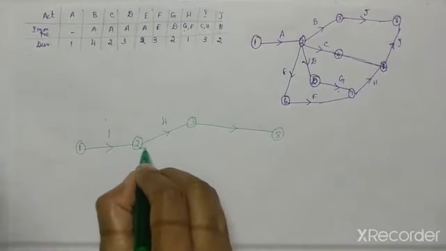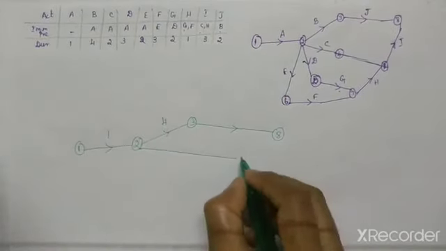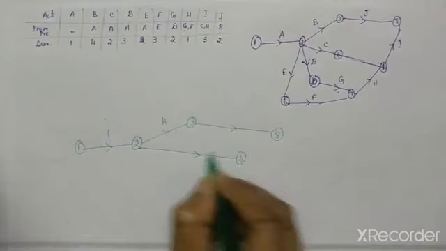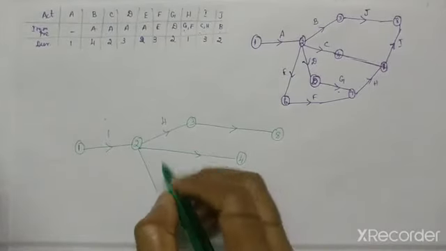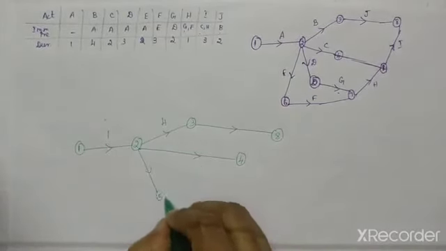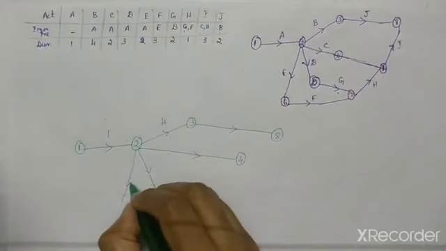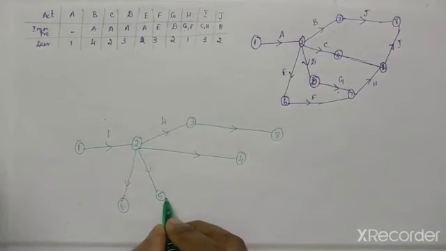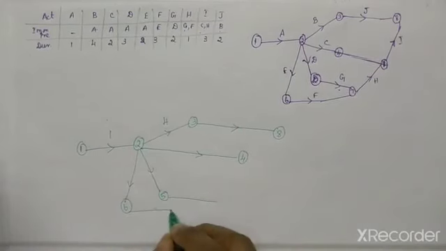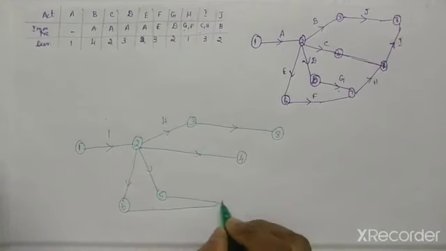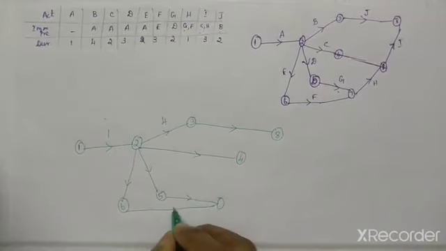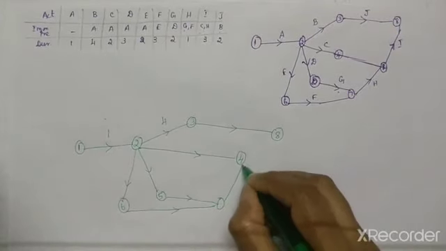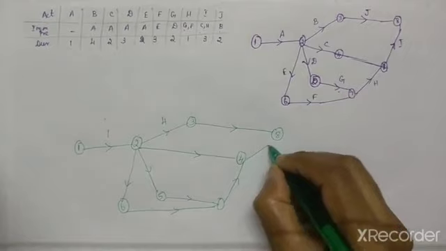So from 2 to 4, next 2 to 5, the next 2 to 6, the next we have to join this and this, the next you have to join this one, and finally this one.